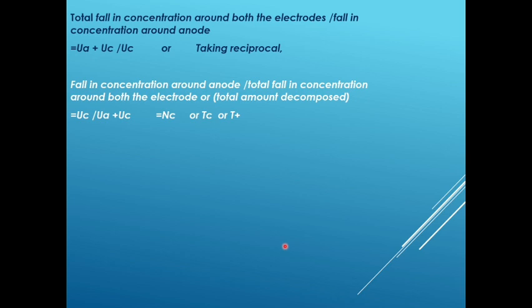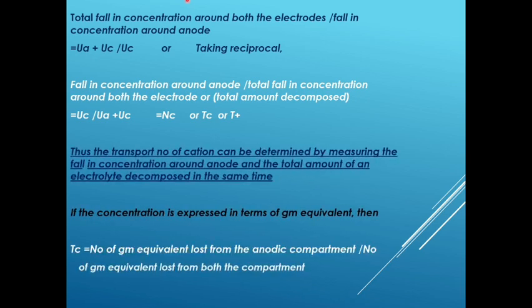When we solve it further, we will get this formula: total fall in concentration around both the electrodes divided by fall in concentration around anode.